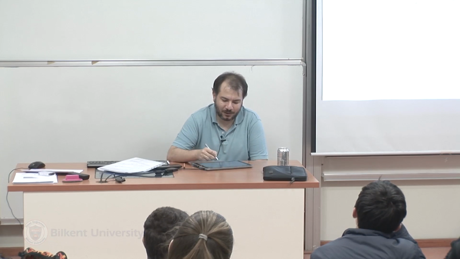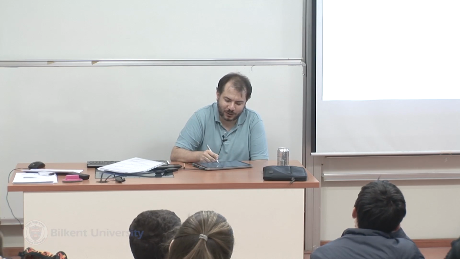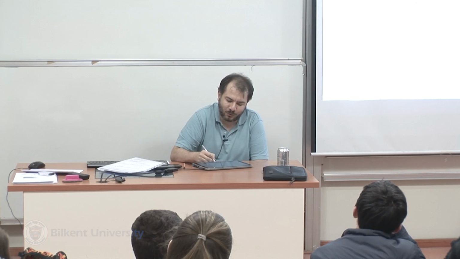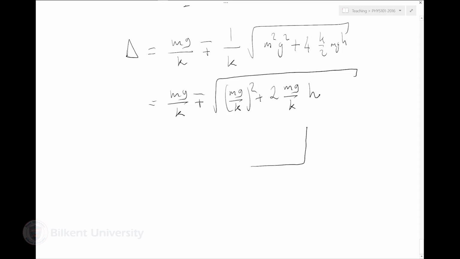The second term is larger because if this is mg over k, the second one is the hypotenuse of a triangle with some positive quantity here. So the hypotenuse is always larger than one of the sides, right? So which root do I take? I take the plus root.